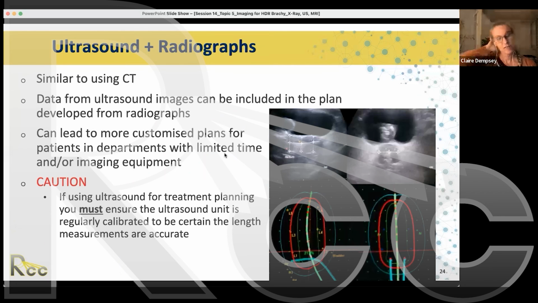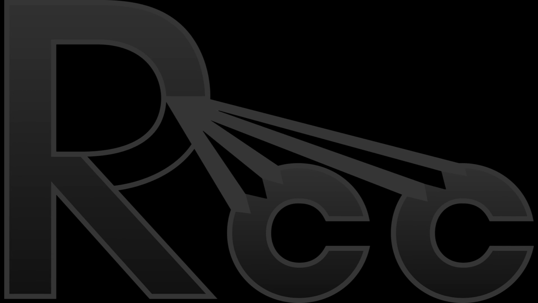Another option is using ultrasound and radiographs. And I guess this is a similar method to using ultrasound and CT. However, you're not going to have the great volumetric definition of your organs at risk that you do with a CT scan, but you can include those measurements from the ultrasound images that you take in your digitized and reconstructed plan from the radiographs.